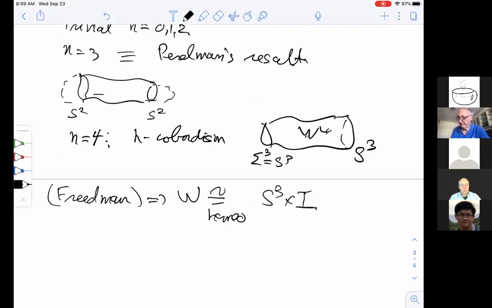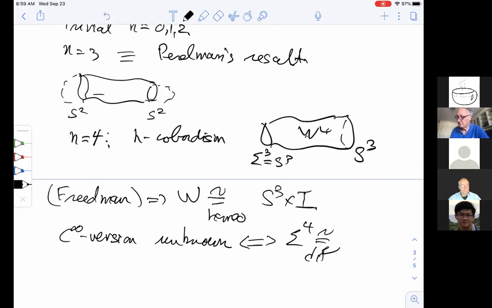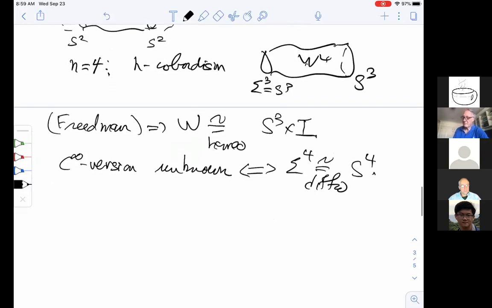It's not known, so the smooth, C infinity version of the H-cobordism theorem is unknown. And it will be true if and only if every homotopy 4-sphere is diffeomorphic to the standard 4-sphere. Because with this cobordism, you cap off the ends, you get a homotopy 4-sphere, and it's going to be standard if and only if this cobordism is the product.